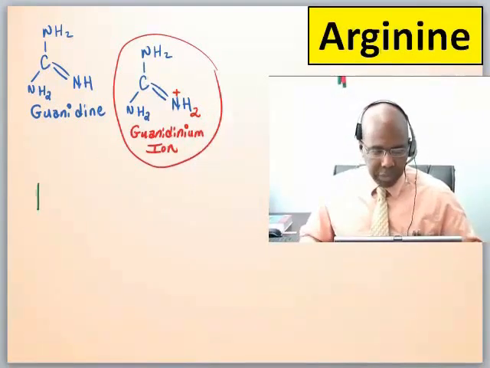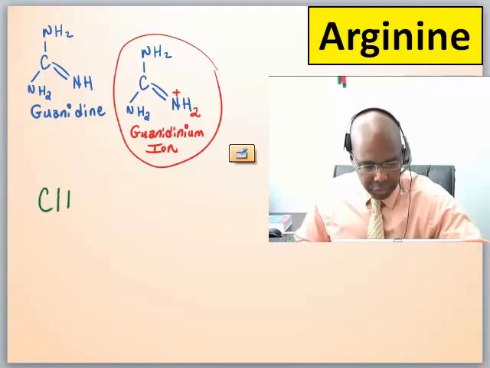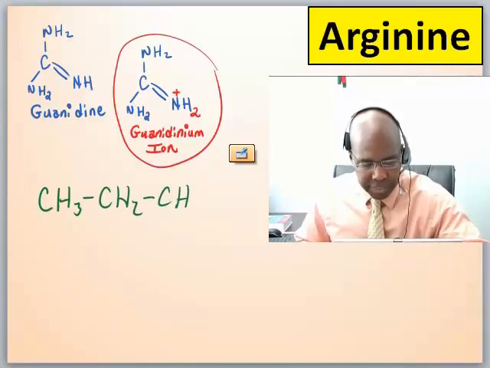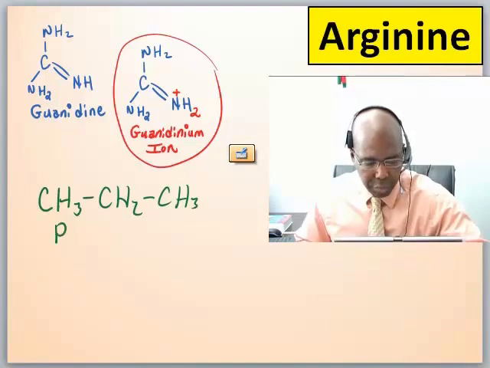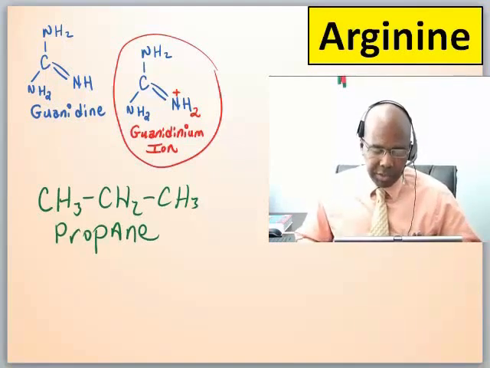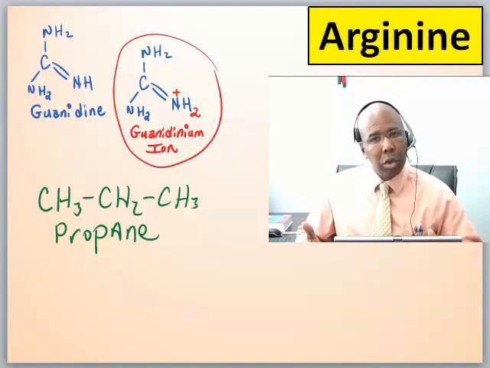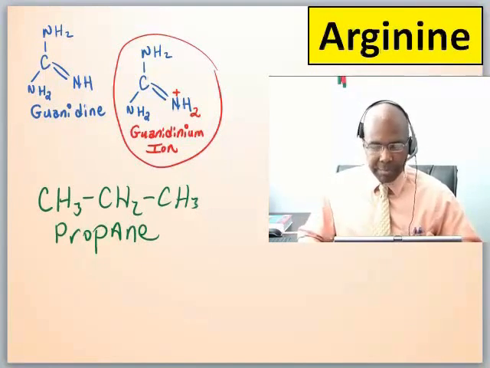I noticed with these, you can't really undo. It doesn't like it when you undo. So we're going to have CH3, CH2, CH3. Attached to that guanidinium ion, we're going to have propane. This propane is just a linear three-carbon alkane. So we're going to have the propyl guanidinium ion.